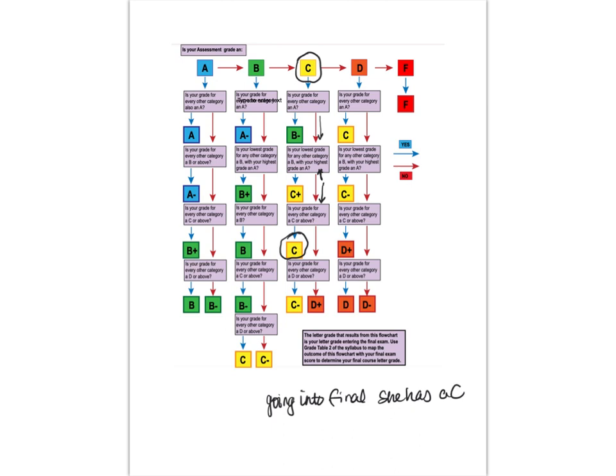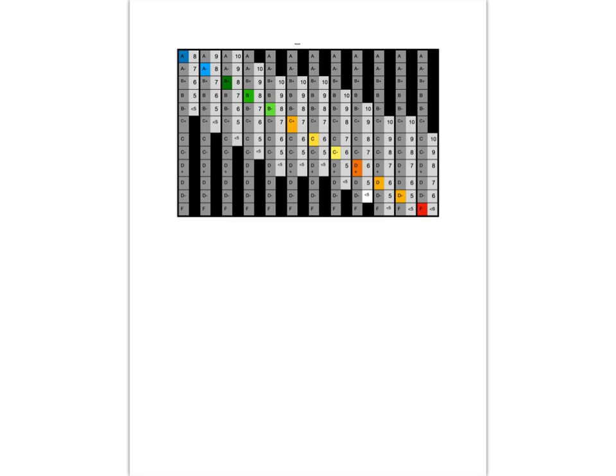So let's see what the best grade she could earn is based on performance on the final. So we go to this table. And the way that this works is you first identify where you were based on the flow chart, and then these numbers next to that represent the possible grades you could earn based on your score on the final.